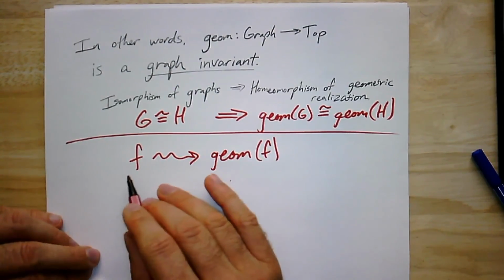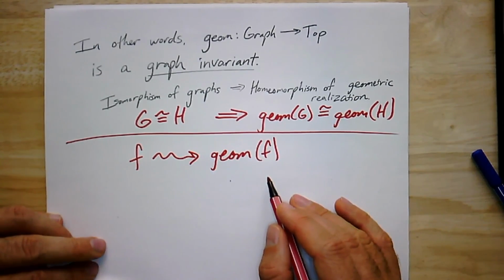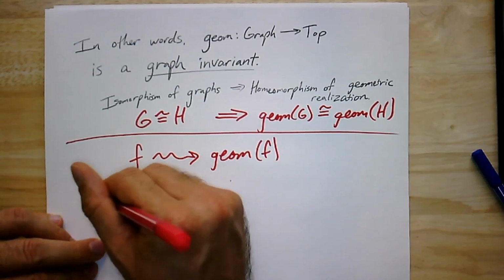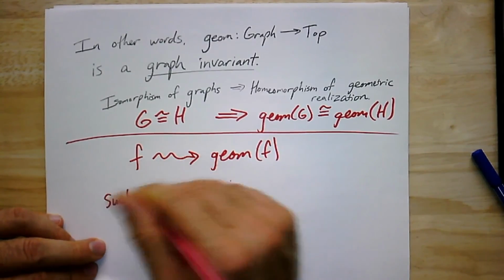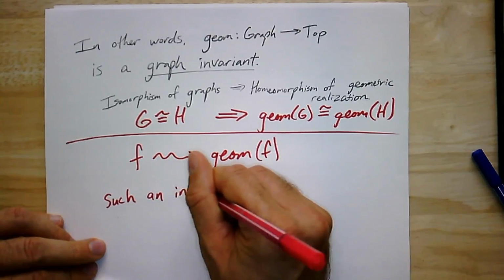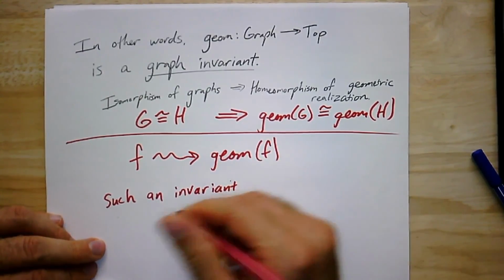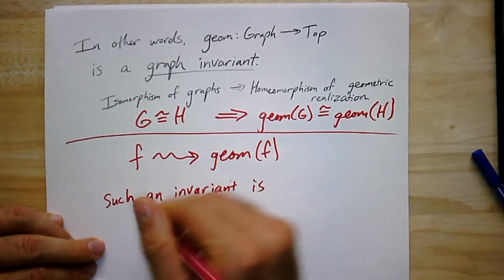And it plays nice with identity and composition the way it does, so this kind of invariant is called functorial. Hopefully we'll talk a little bit more about functorial invariance.